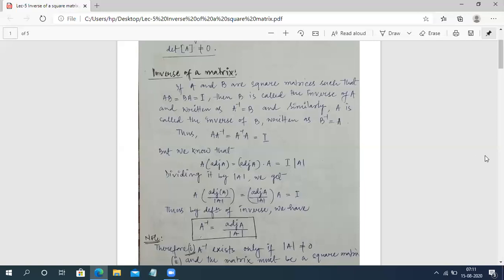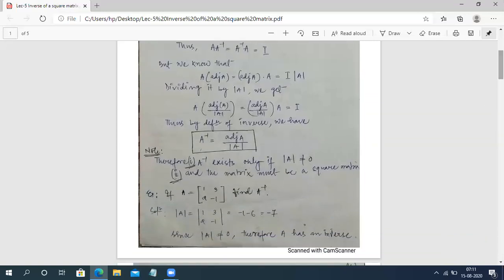And from this relation, we can easily say that a matrix is invertible, or we can say that a matrix has inverse if its determinant value is non-zero. Clear?